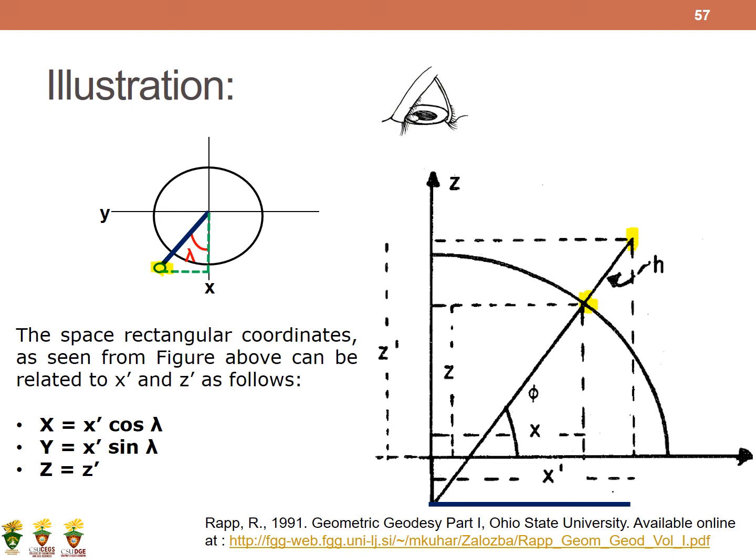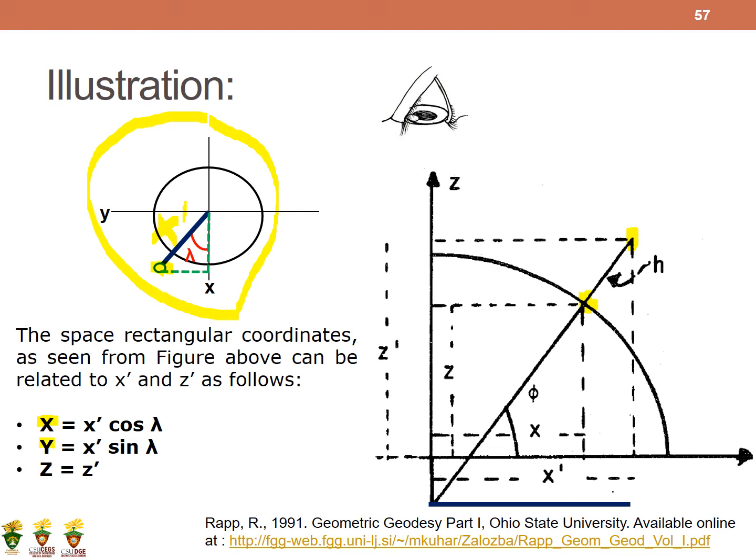So from the space rectangular coordinates as seen in the figure we made, we can say that x, the blue one, is x prime. So x is just equal to x prime cosine longitude, since the angle is the longitude.